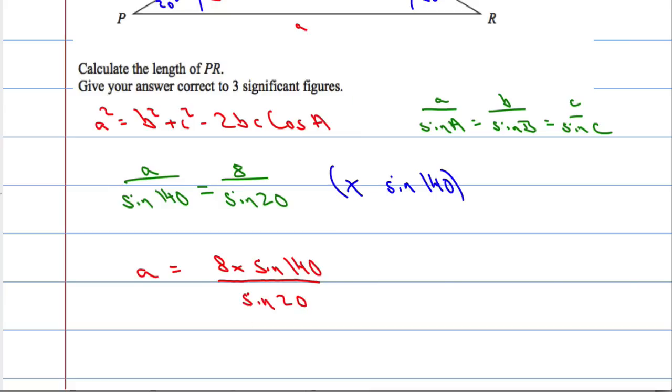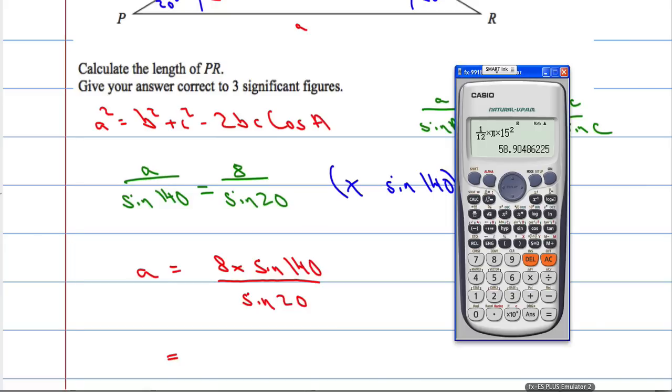sine of 20. Please, please, please do not fall into the trap and think you can just cancel the sines above and below and cancel 20 into 140. It will not work. Once you set this up, get your calculator out and let that do all the hard work for you.